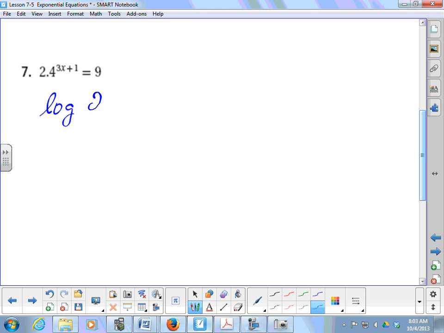One of the things we've learned in algebra is that you can do the same thing to both sides of an equation. If you want to do something to one side, you have to do it to both. The one thing we learned is the power rule of logarithms.